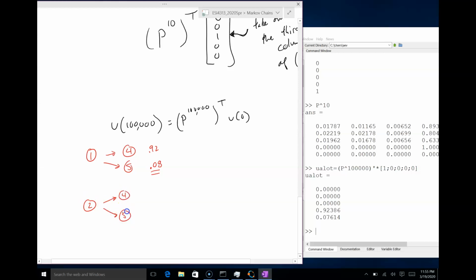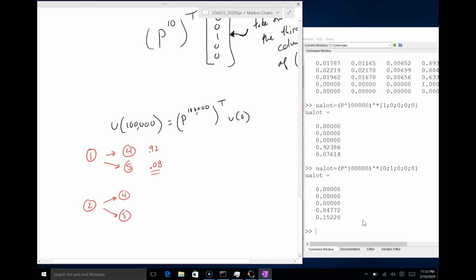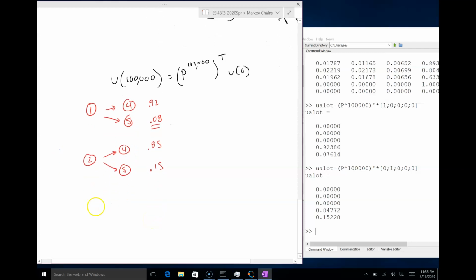Which one are you more likely to end up in after 100,000 steps? So you end up with about 85% chance that you're in 4 and 15% chance that you end up in state 5. And let's finally do this for starting in state 3.